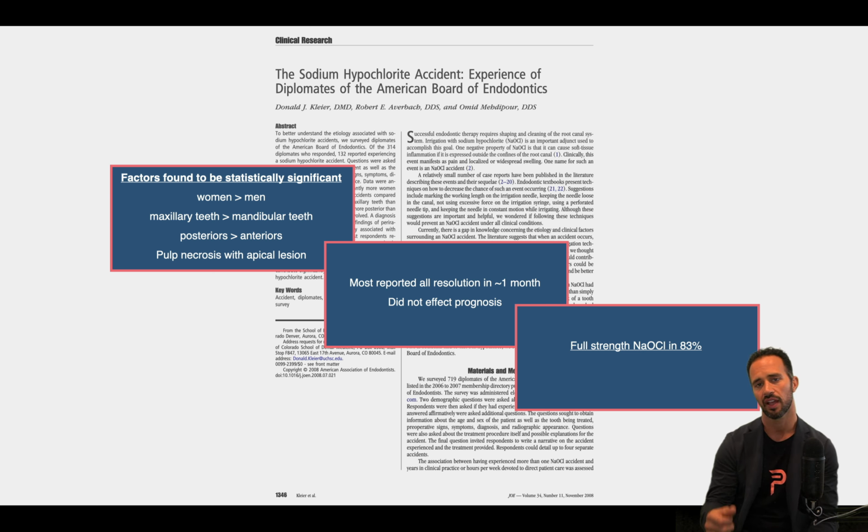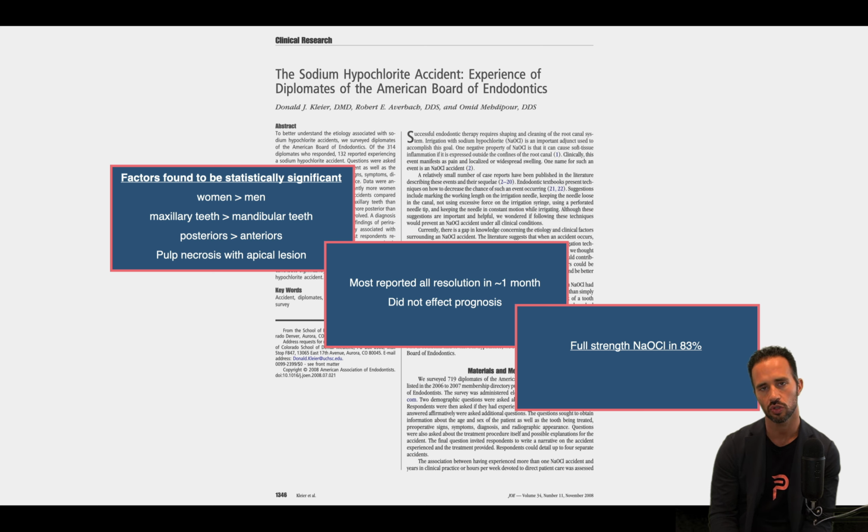And they discovered that, number one, women were more frequently the patients when this occurred. Number two, maxillary teeth were more frequently the site. Number three, posterior teeth were more frequently the location. And number four, necrotic cases with a lesion were the most common situation.